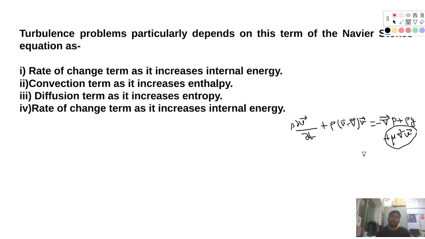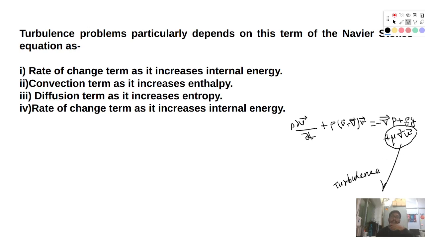Now when we add this, the fluid can have some turbulence. The turbulence is coming from this term, right? If it is not there, there is no turbulence, correct? So this is the cause of turbulence.